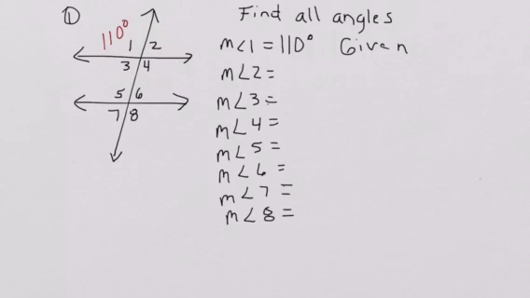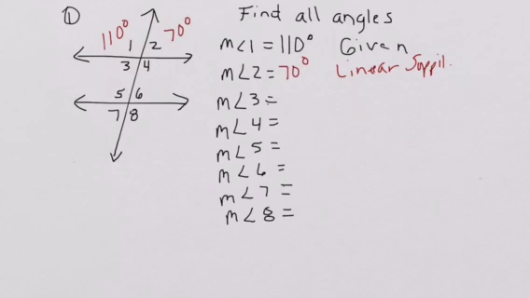If angle 1 is 110 degrees, then we know that angle 2 is going to be 70 degrees. We know that because angle 1 and angle 2 are linear angles, which make them supplementary, which means they equal 180.